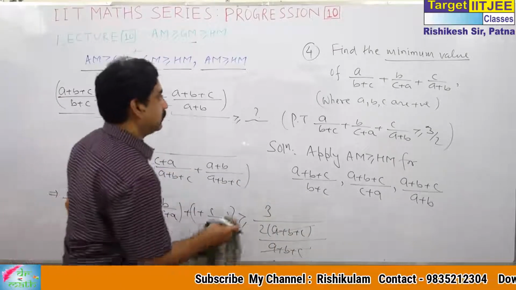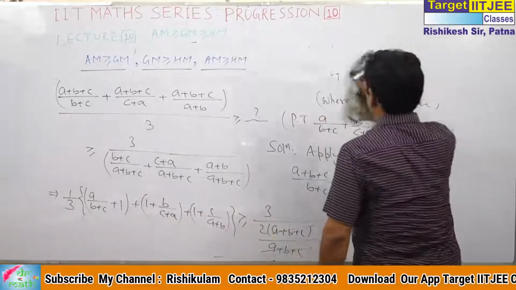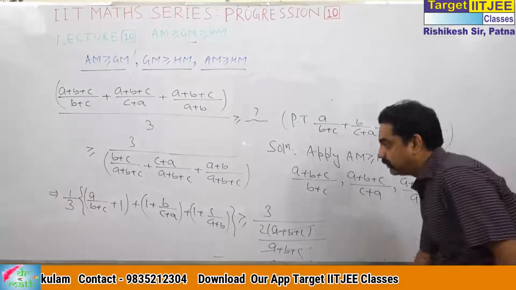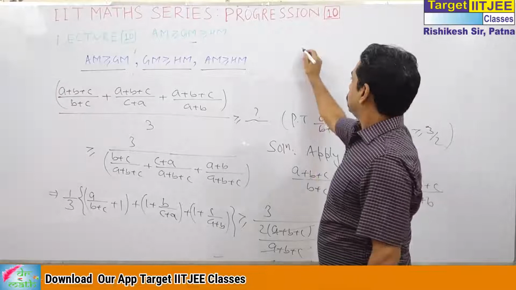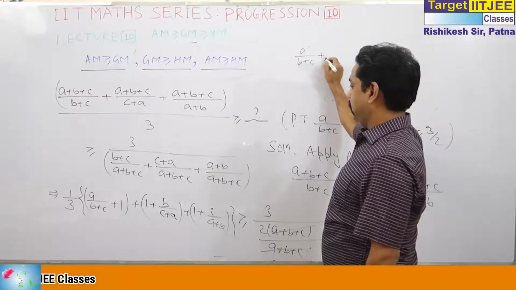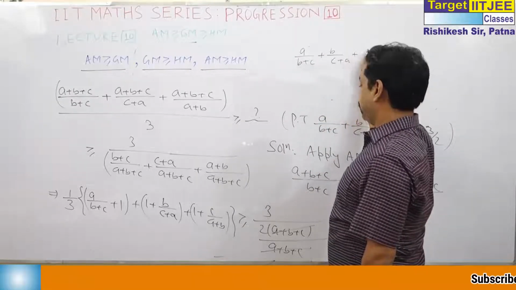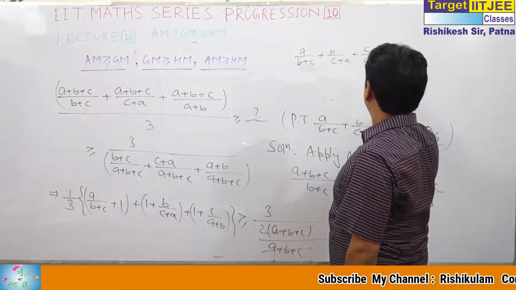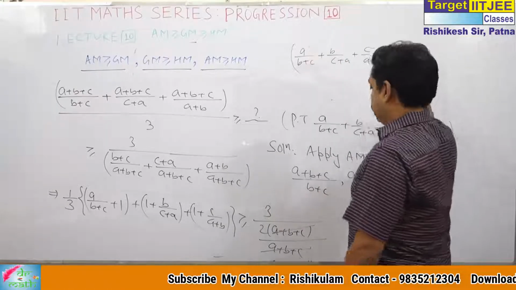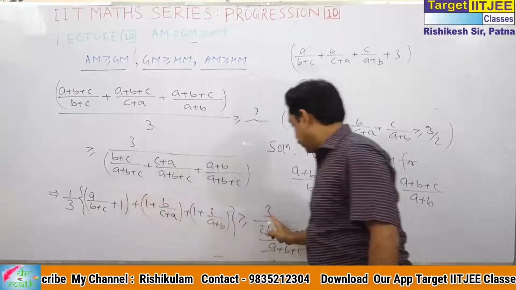You can cancel this one, and now this is A by B plus C plus B by C plus A plus C by A plus B plus 3. Multiply this 3 by this one.